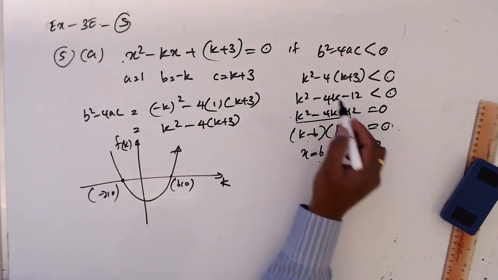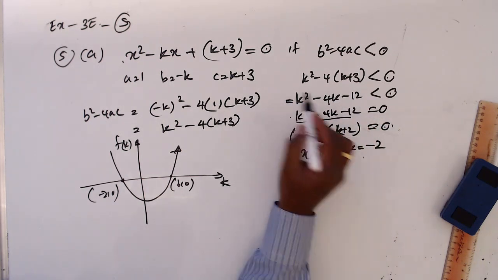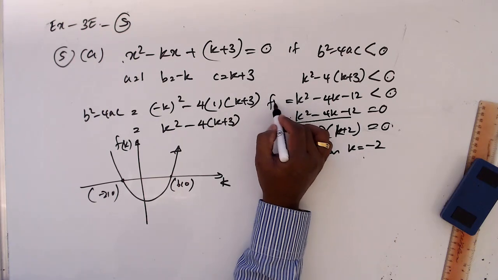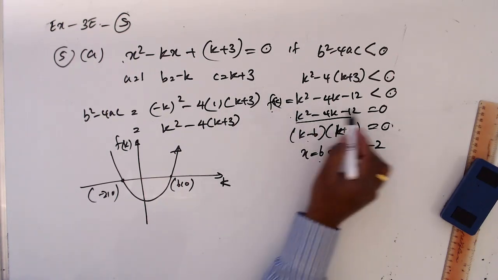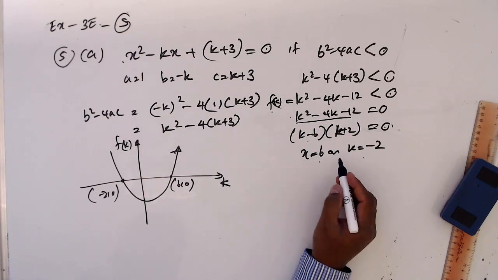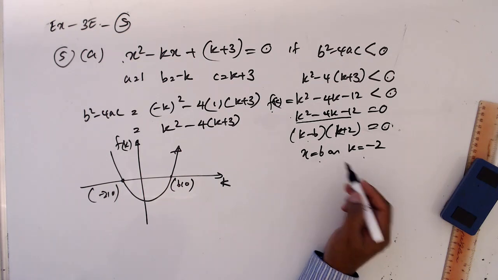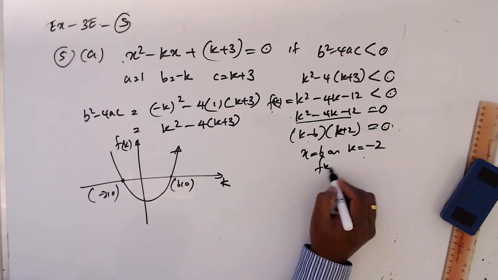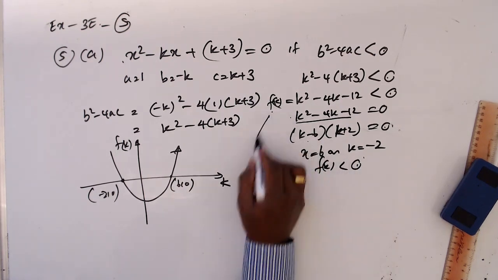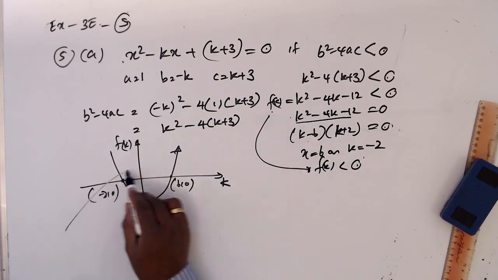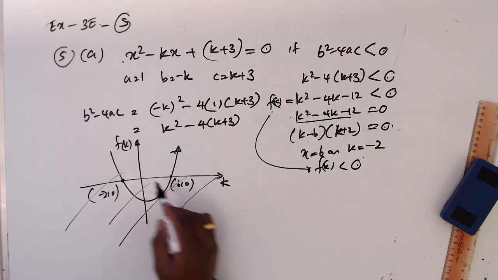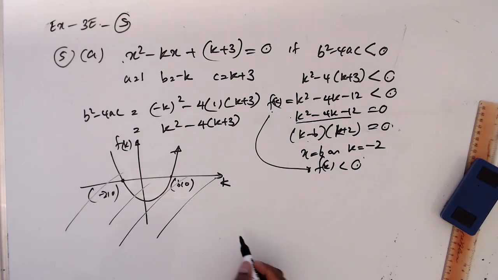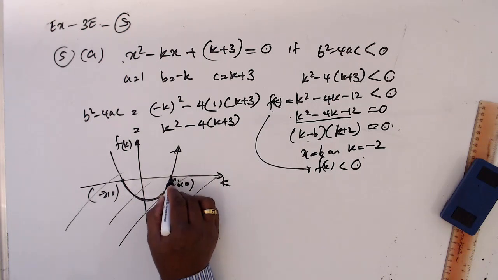Now this f(k) value has to be less than 0. So this is the area where f(k) value is less than 0, and this is the graphical part of this one.